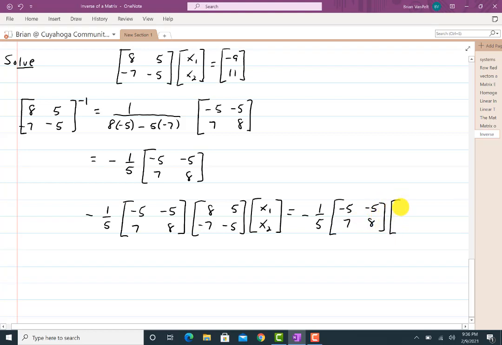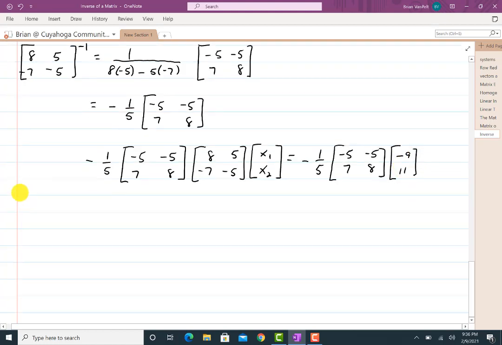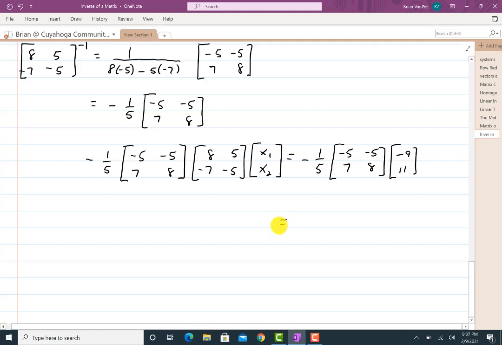And then we have negative 9, 11. Well, the beauty is that on the left side, all of this stuff, except for the x1, x2, is the identity 2 matrix. It is I2 times x1, x2.